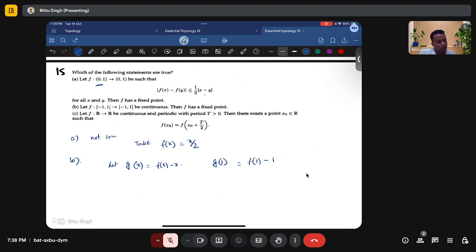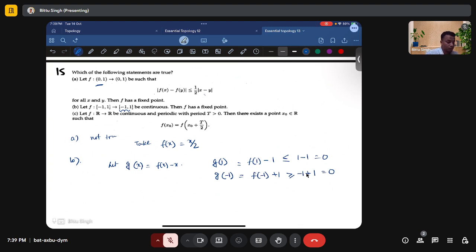But the codomain is [-1,1], so f(1) is less than or equal to 1 and greater than or equal to -1. So this is less than or equal to 1 minus 1, which is 0. And g(-1) is f(-1) minus (-1), which is plus 1. But f(-1) is greater than or equal to -1, and then plus 1.